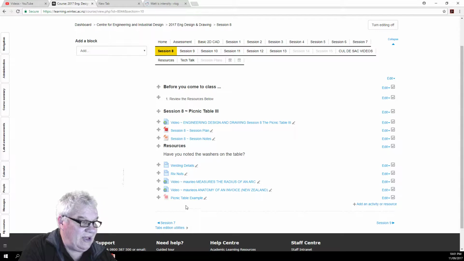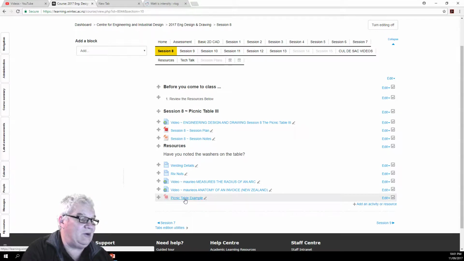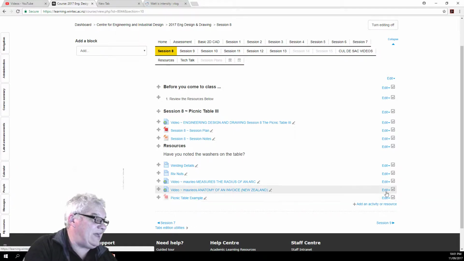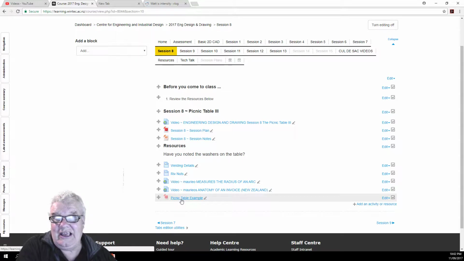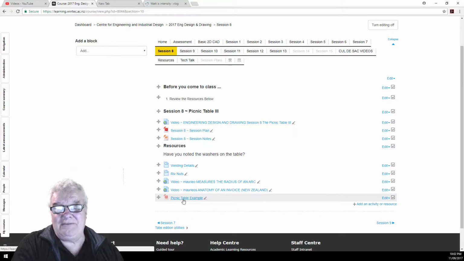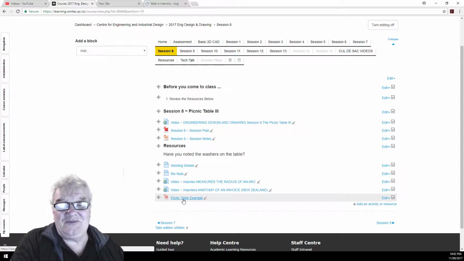Now in here you can see there's a picnic table example here, but that's faded out. So that's one that I use to show people in class if they ask for examples, because I want the essence of the work to come from you for your ideas, and so to have something of yours rather than a reflection of my old and decrepit ideas.